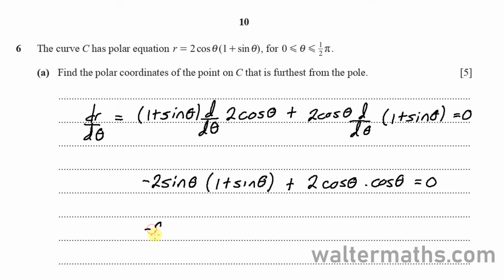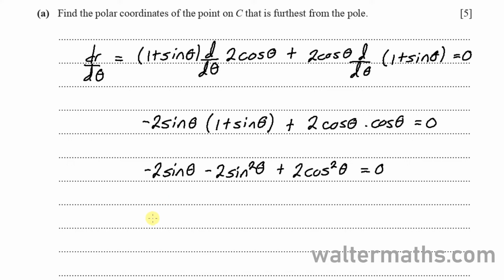So that's minus 2 sine theta minus 2 sine squared theta plus 2 cos squared theta, and it's equal to 0. So we can continue simplifying.